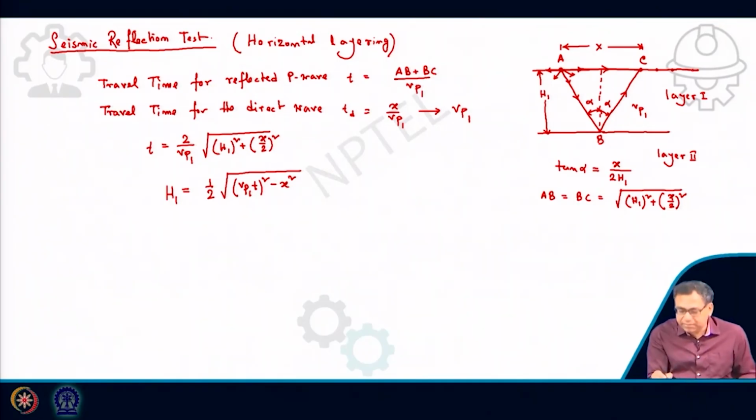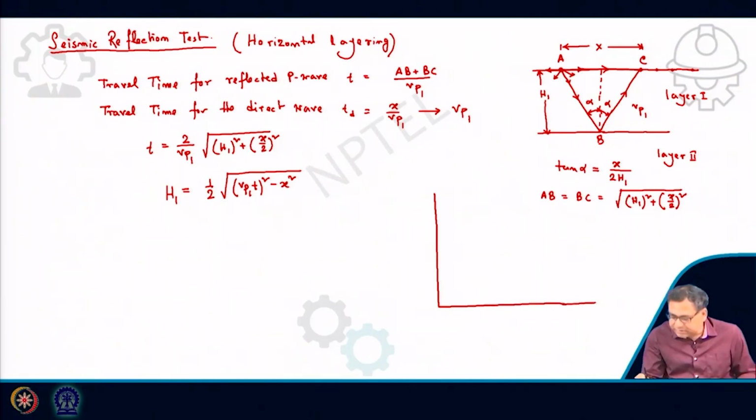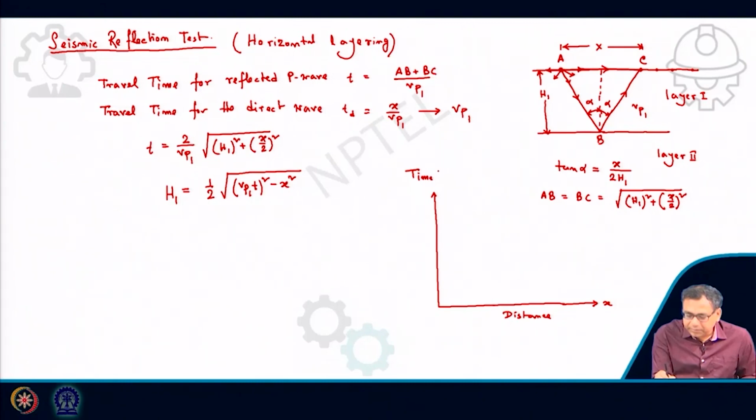Now if I get the multiple receiver data and plot them, suppose this is my distance x, and this is the travel time t.